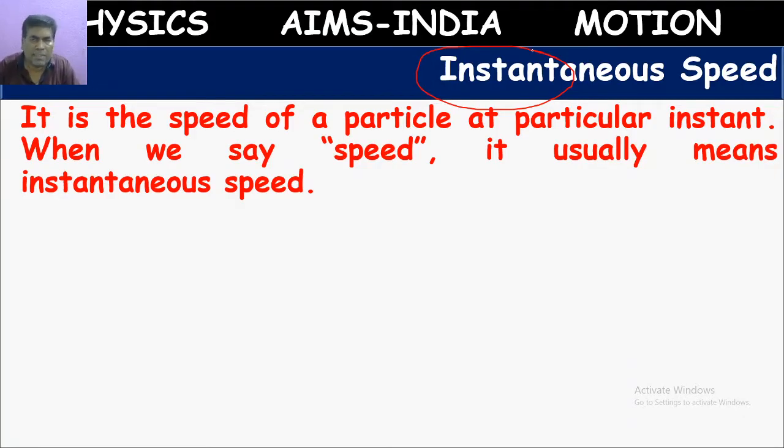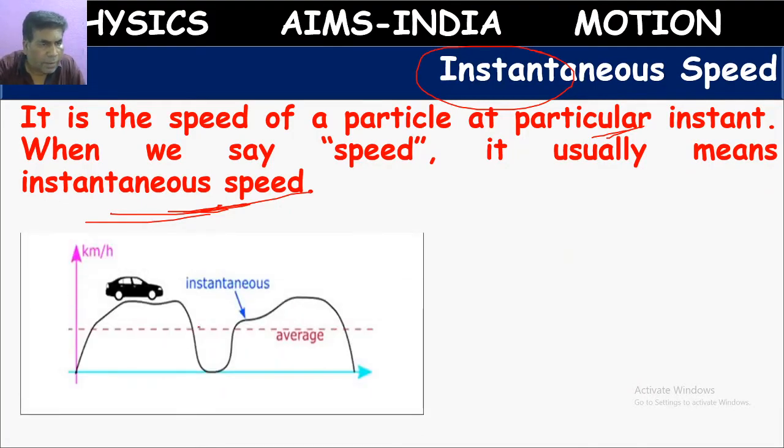But with Brew instant, we can take the milk, mix the Brew powder, and instantly have coffee. So instant means at that particular time, at that instant. So the speed at one particular instant, we call it instantaneous speed.